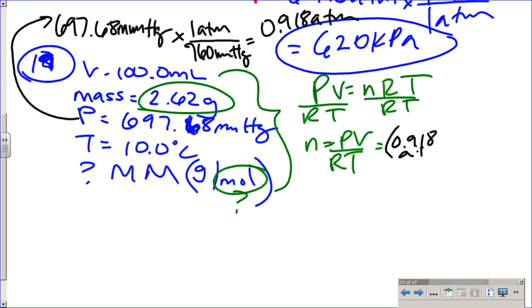0.918 atmospheres. V, is V in good shape? No. Gotta get it to what? Liters, good. So this is how many liters?